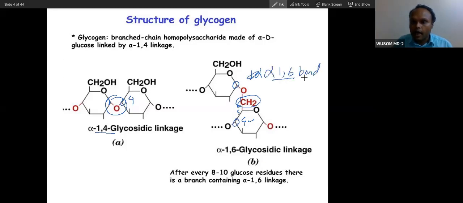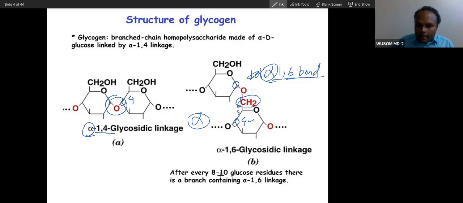So branching has alpha. Remember alpha, because our body can only digest alpha glucose, not beta glucose. Beta glucose is present in cellulose, which is an indigestible form of carbohydrate.